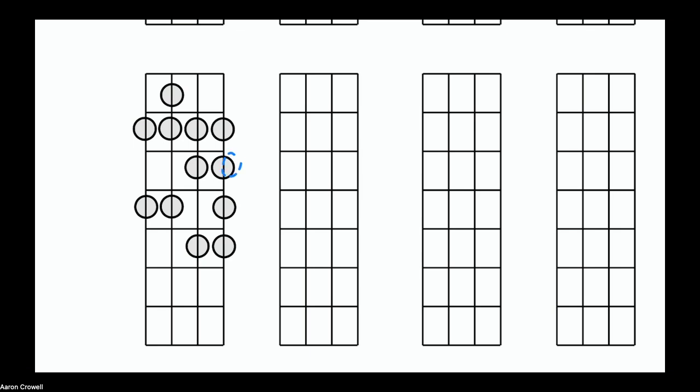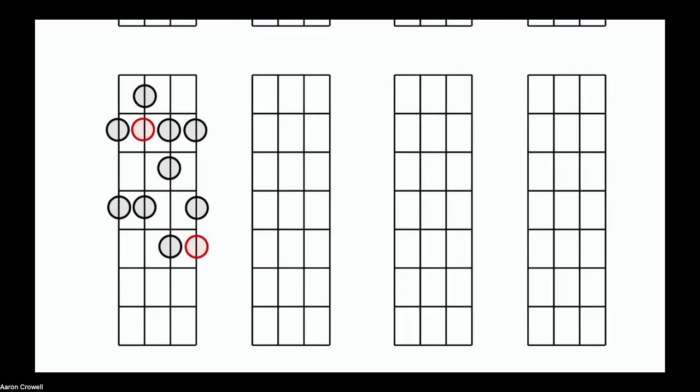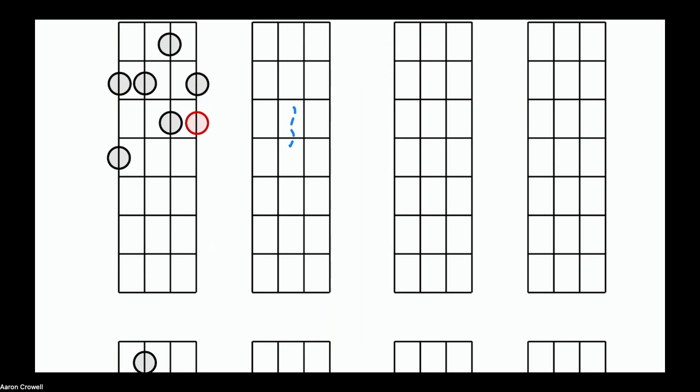Get rid of this. And there's my shape. This is my movable shape. But the root would be in the same spot. But now, since we're not playing a C, the root is a D. What scale is this? It's a D scale, right? Simple as that.